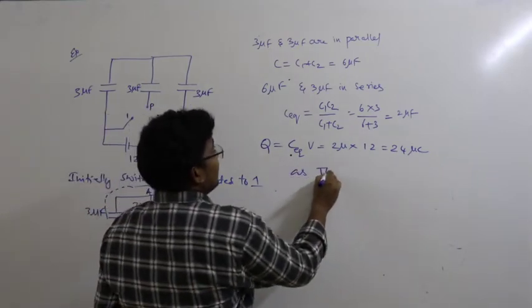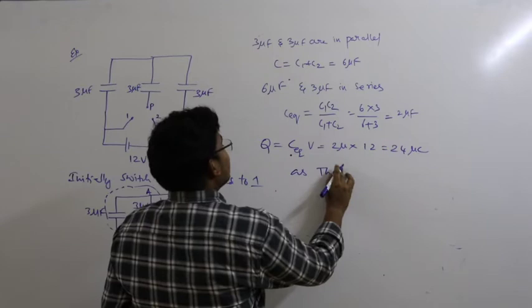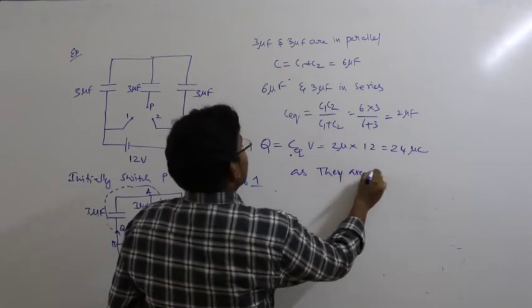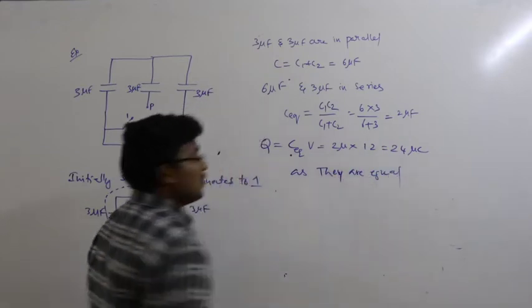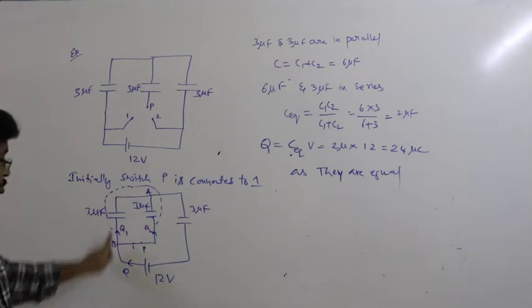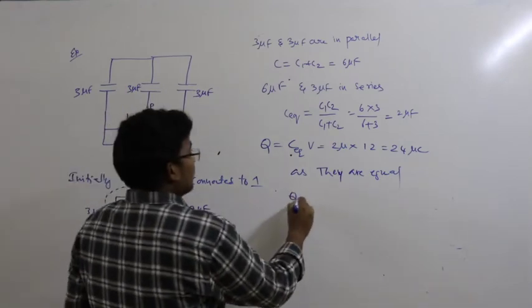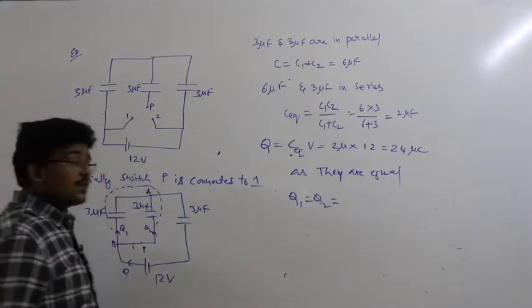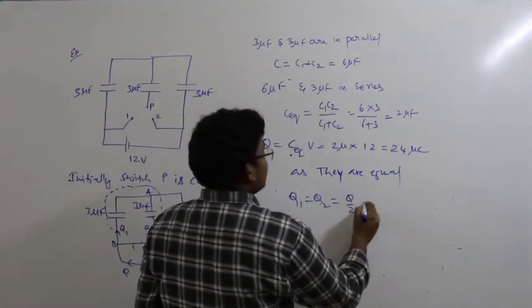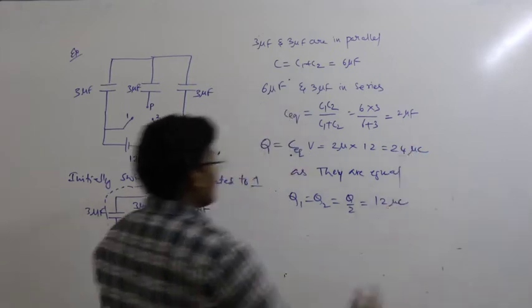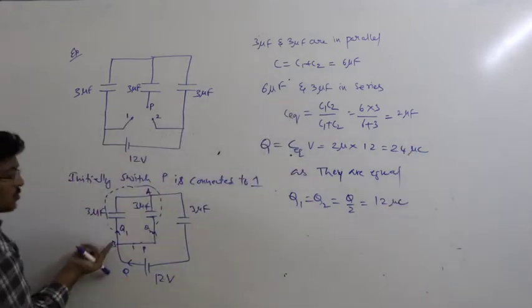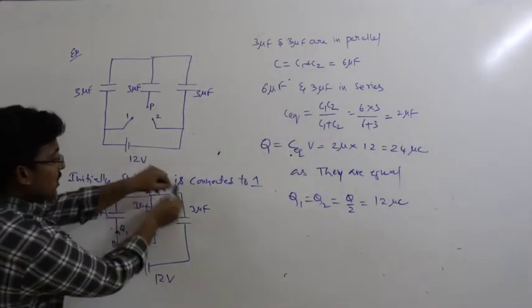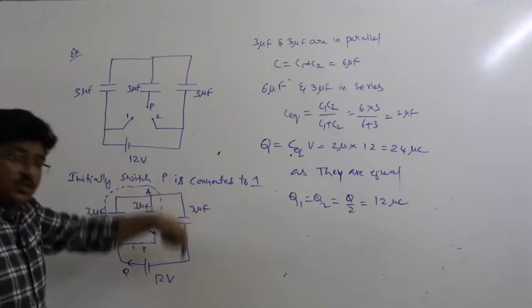As they are equal, what is the charge Q1? Q1 is equal to Q2, charges will distribute equally, so Q by 2, which is 12 microcoulombs. So through this 12 micro, and again join, and come through this one.